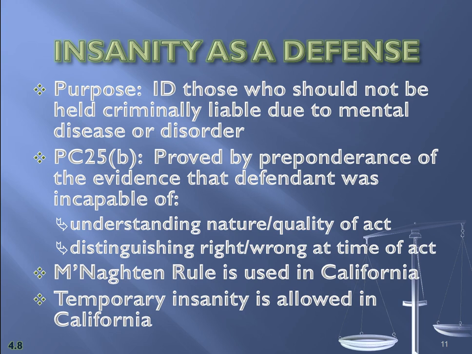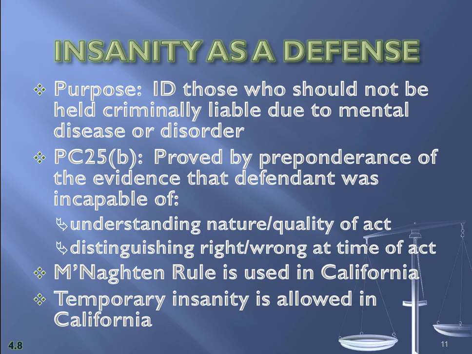The rule that's used in California is called the McNaughton Rule. Essentially, Proposition 8 reinstates the traditional McNaughton Rule, often referred to as the right and wrong test.